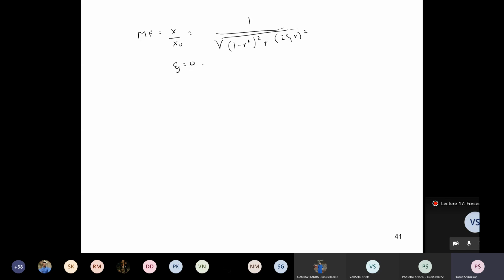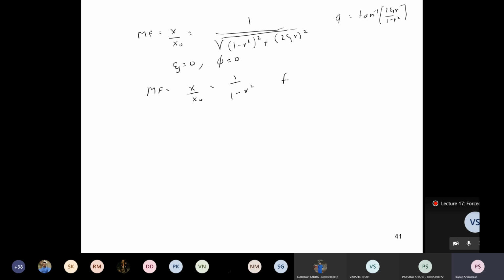Then phi is the tan inverse of 2 zeta r upon 1 minus r square, so if zeta is 0, phi also becomes 0. Now the magnification factor x by x0 becomes 1 upon 1 minus r square.